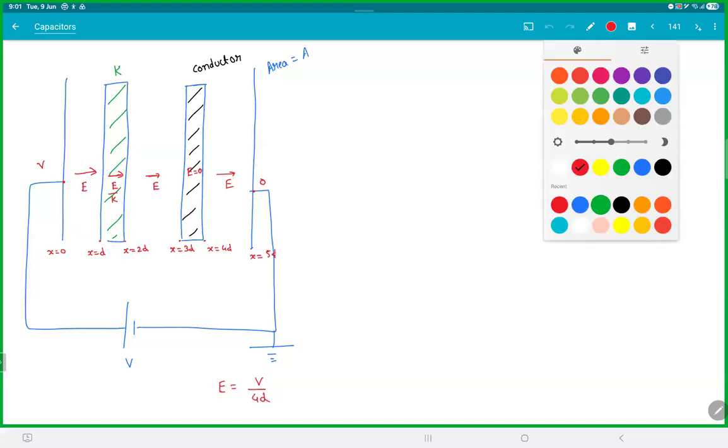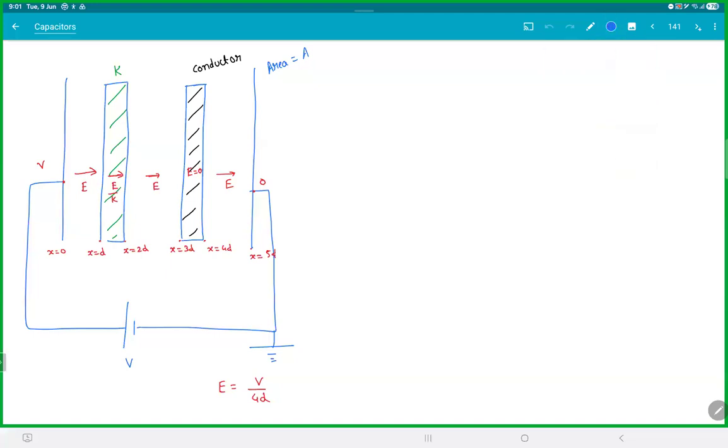Great. So that's it. Once you know this, now let's plot the E versus X graph. From 0 to T, the field is E. Then the value suddenly drops to E by K. Then again it increases, like a step function.